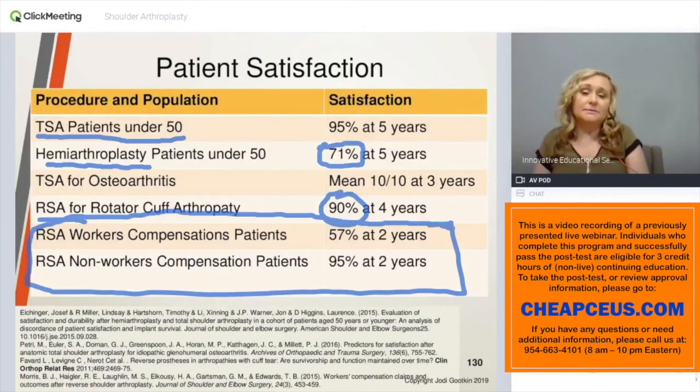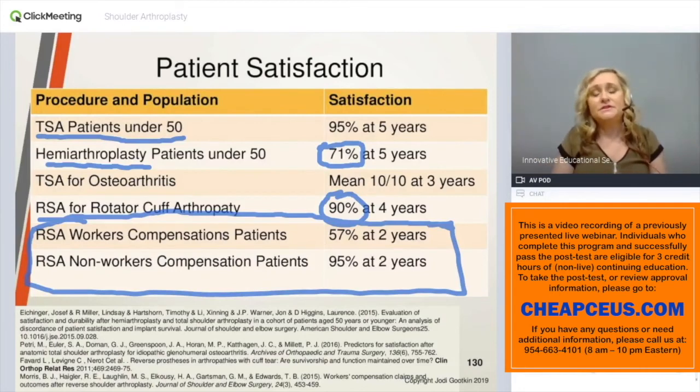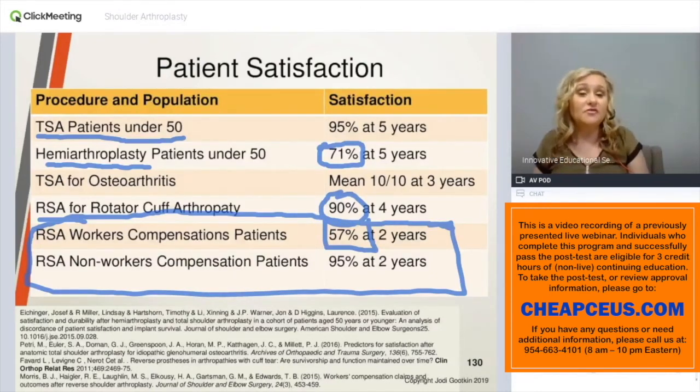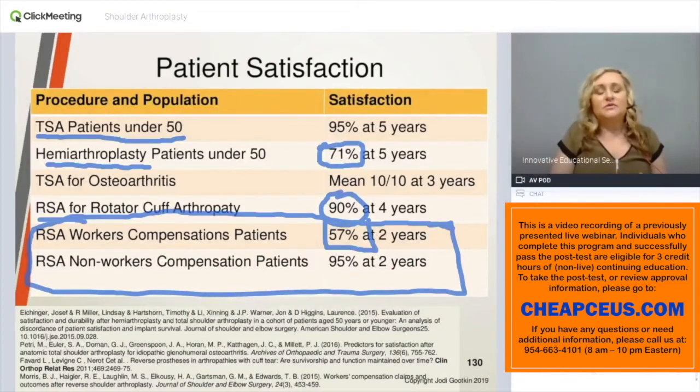For others, it was not. They found that in the individuals where it was related to a workers' compensation case, they only had a 57% satisfaction at 2 years out, compared to the non-workers' compensation cohort, which had 95%. So the 95% satisfaction was significantly higher in the non-workers' comp patients.